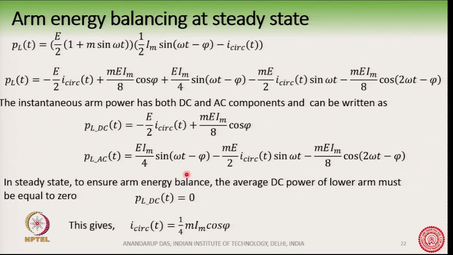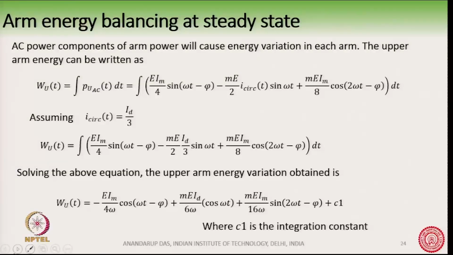This is the AC component of the lower arm power, and similarly there will be an AC component of the upper arm instantaneous power. So, what is its effect and how it causes the energy fluctuation between the upper arm and the lower arm and in total inside the converter is what we will study today.